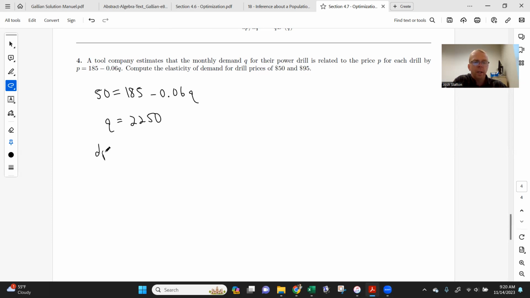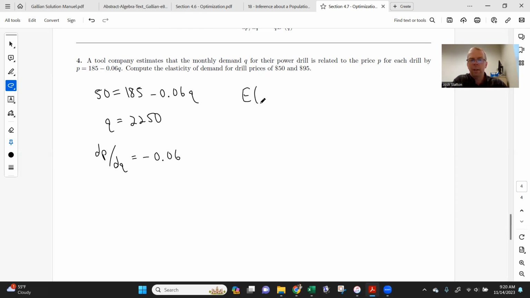The derivative of the price function is just negative 0.06. So now we have P is 50, Q is 2250, the derivative is negative 0.06. And of course, if this were a function, you would plug in the 50 to get what it is at that point. But this is just a constant derivative, so we don't really have to worry about it.